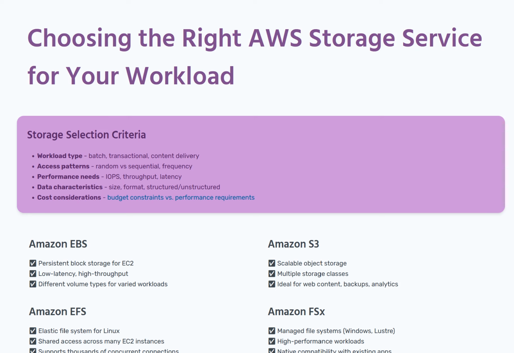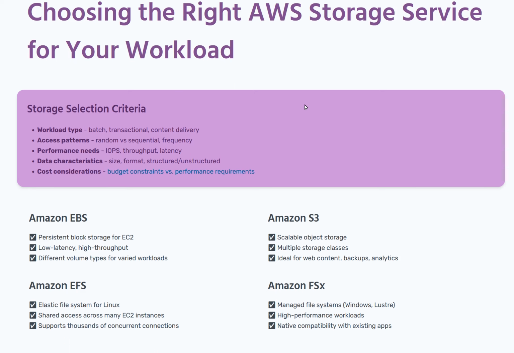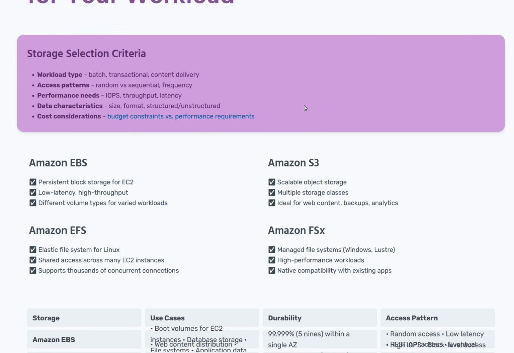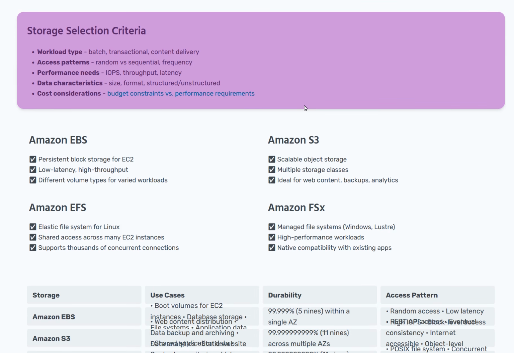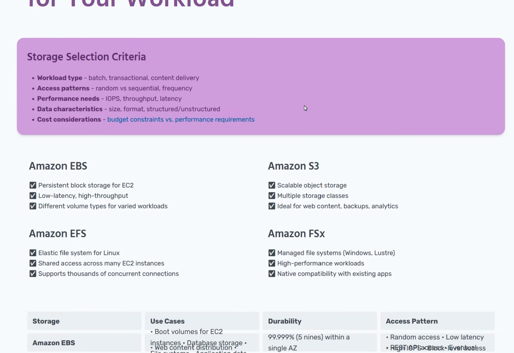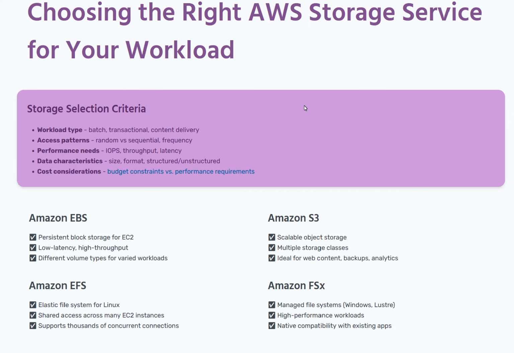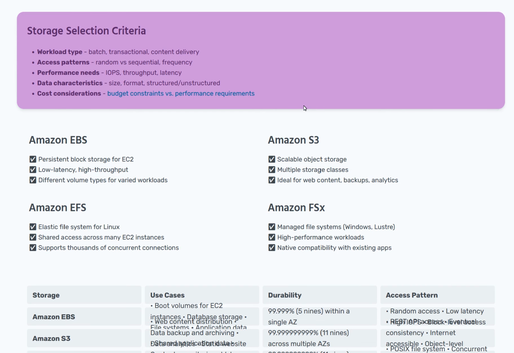Okay, so choosing the right AWS storage service for your workload. We're going to discuss a bit more about how we select a different type. So storage selection criteria. First, workload type: is the workload batch, transactional, or content delivery?